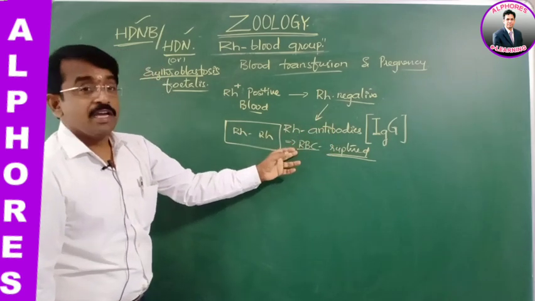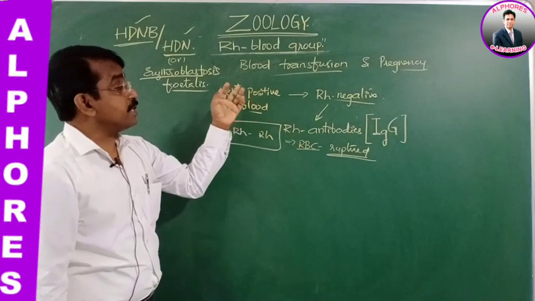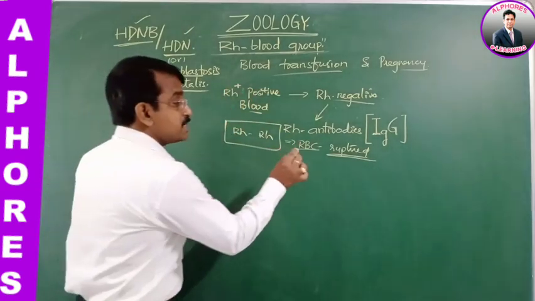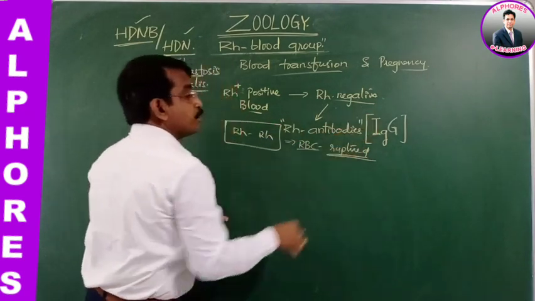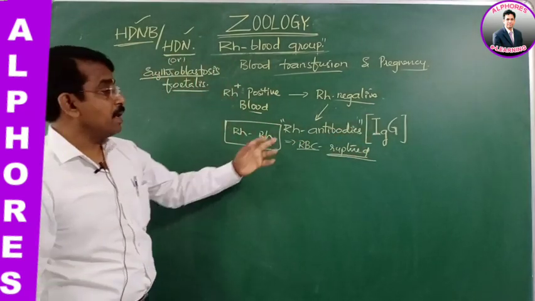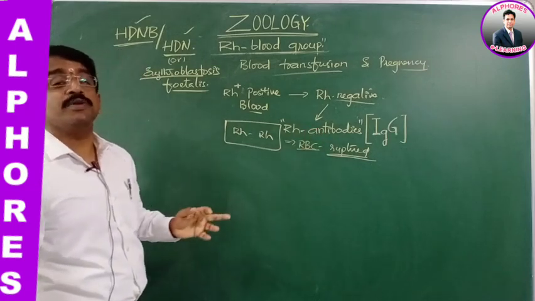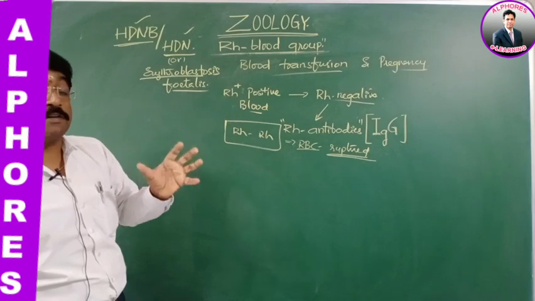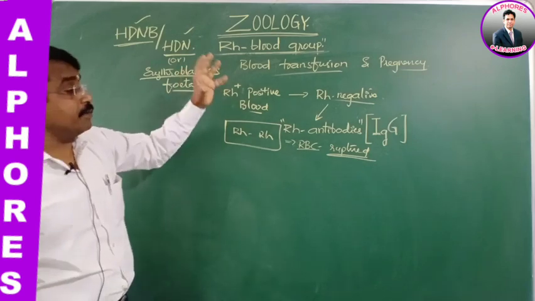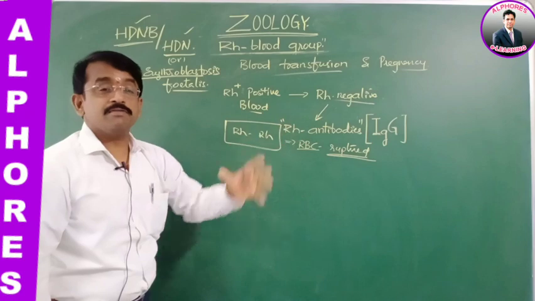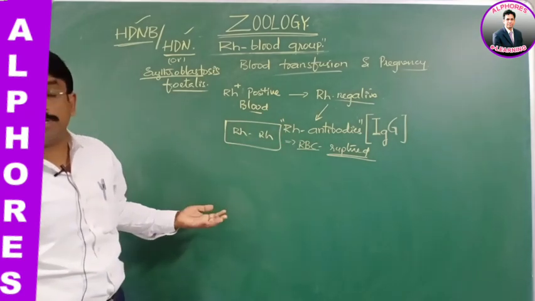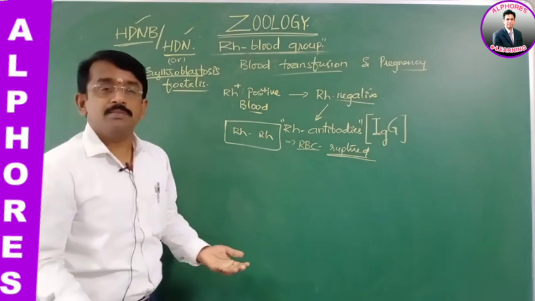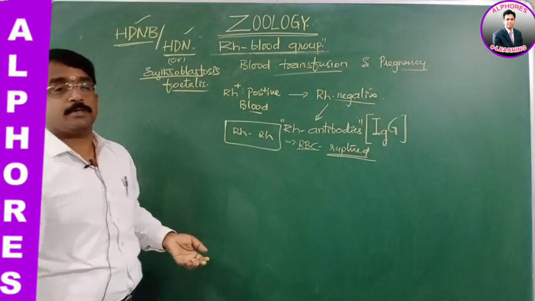If a second exposure to Rh positive blood happens, the already sensitized immune system produces a large number of Rh antibodies, which rupture the RBCs. This leads to anemia, the reduction in the number of RBCs, so they are prone to an anemic status.